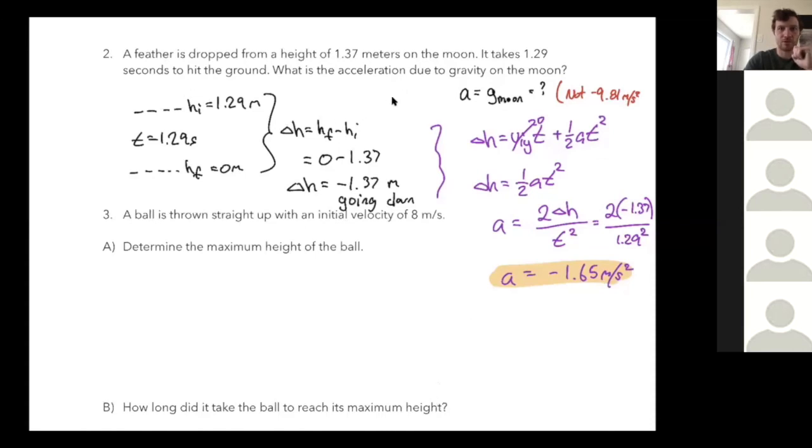Here's a poll just to check in, see how you're all feeling with these types of questions. Not just free fall questions, but all the constant acceleration type questions.